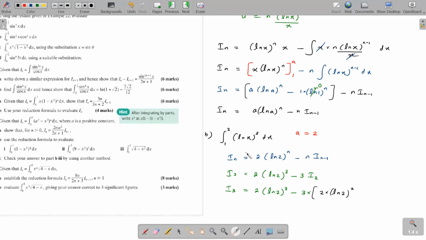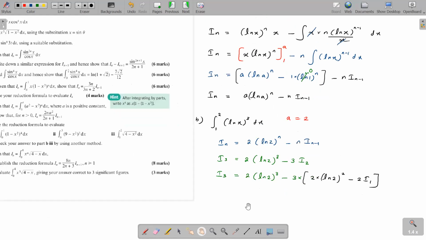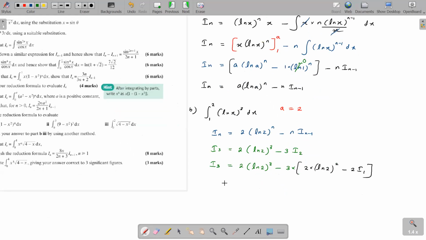I'm continuing with I_2 here, replacing n with 2. I_2 equals 2 (ln 2)^2 minus 2 times I_(2-1), which is I_1. Do you agree with my working? That's correct, right? 2 (ln 2)^2 minus 2 times I_1. 2 minus 1 is 1.